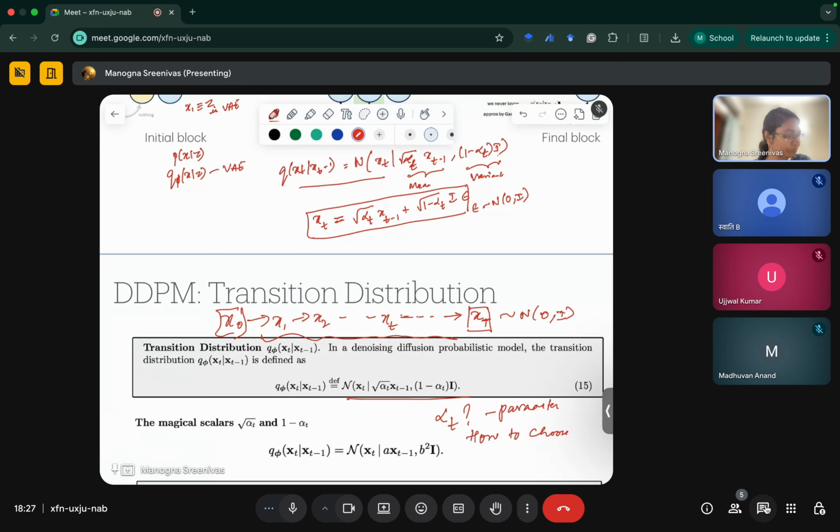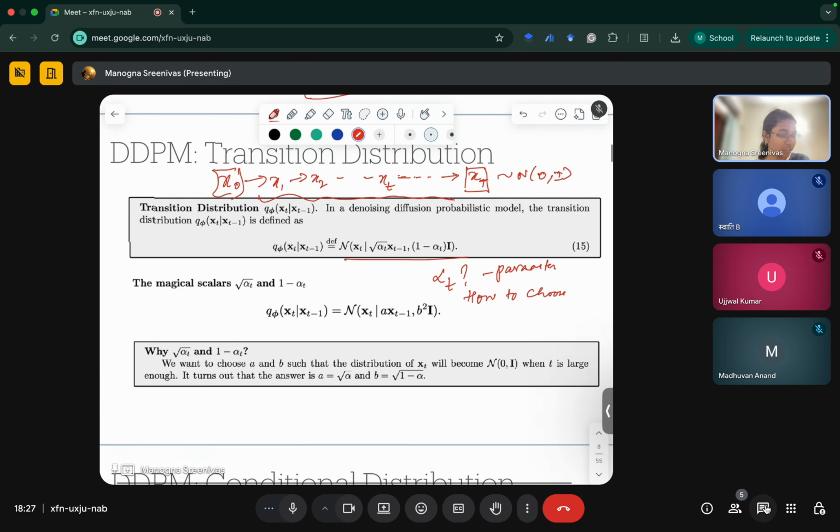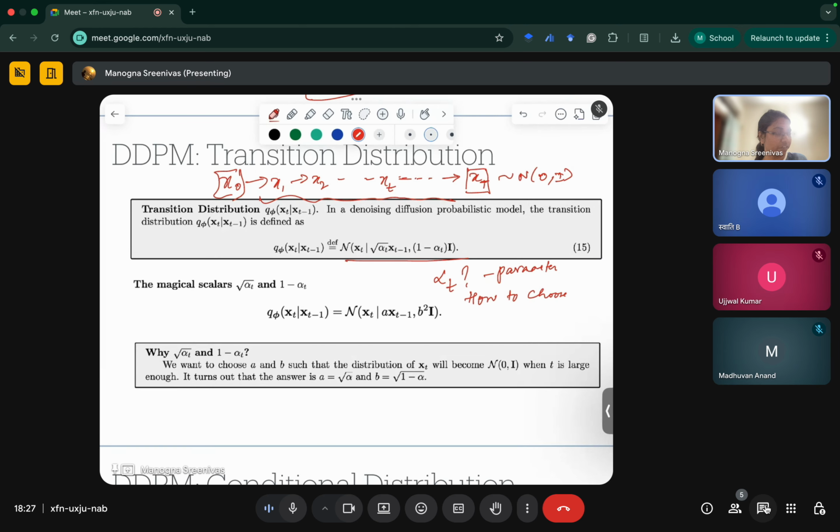Correct. Why is it chosen in this form? The form of this function is chosen in this way in order to make that happen. If you choose it in this way, then xT will become standard Gaussian when T is large enough. That is why they chose these parameters.